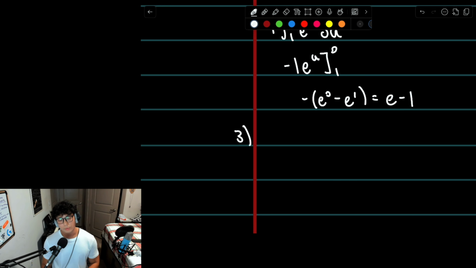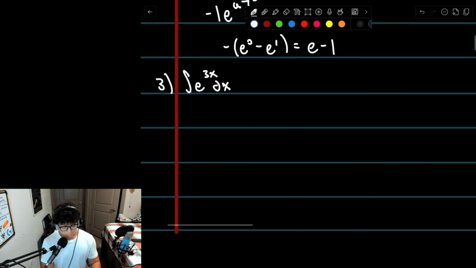And so this next one will be pretty easy. We'll just do the integral of e to the 3x dx. Now, this is our inner function rule, this 3x, because it is a power. So that will be our u. The derivative of that is 3 dx.